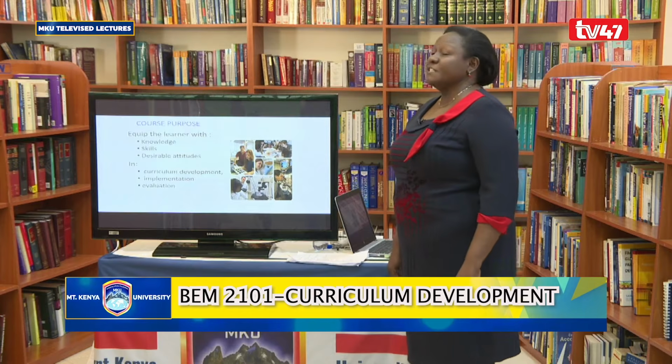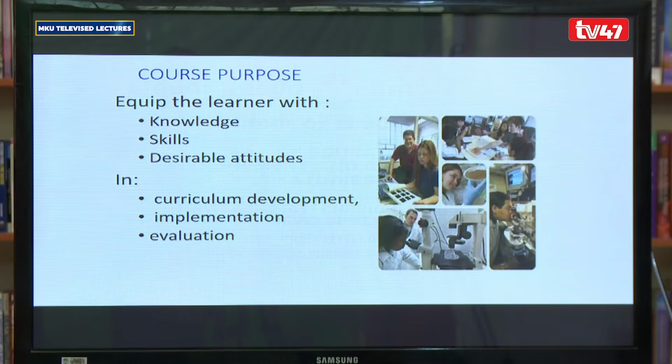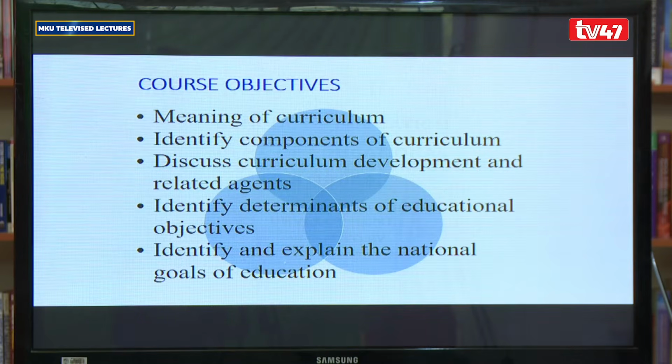Now, the purpose of this particular course is to equip the learner with the knowledge, skills, and desirable attitudes with regard to curriculum development, implementation, and evaluation. The course objectives include, first, we are going to look at the meaning of curriculum. Then we are going to identify the components of curriculum.